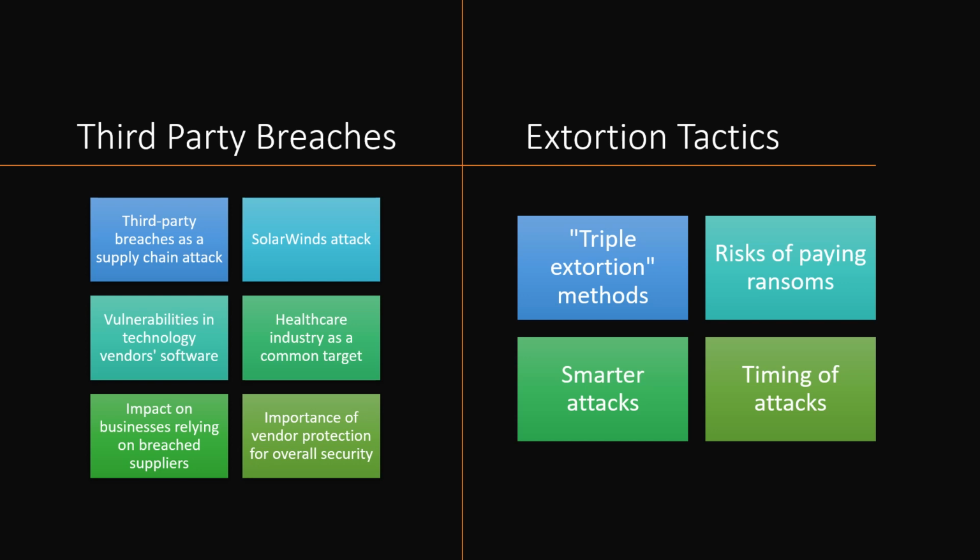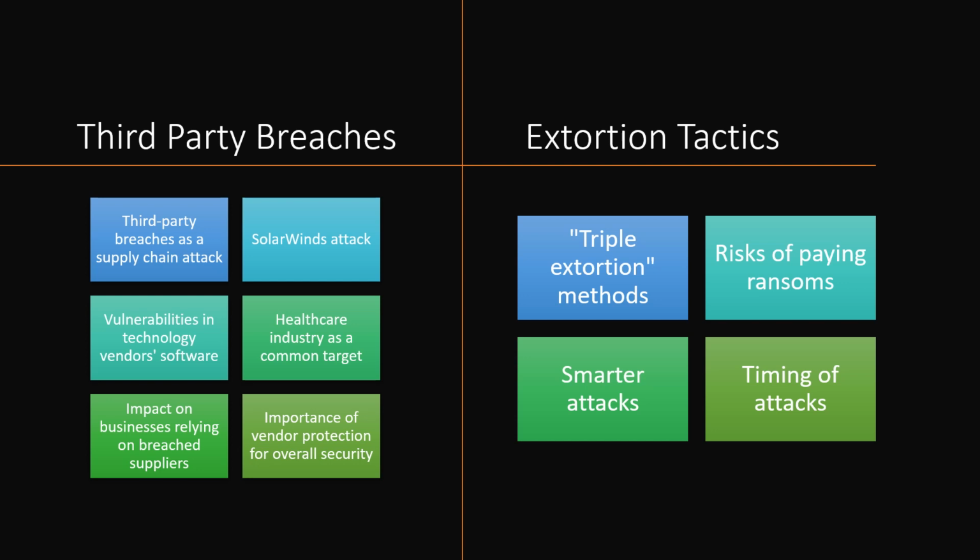This is where they will steal information, encrypt it as the initial source of trying to get a ransom paid, and then they'll use extra tactics such as threatening to notify partners and shareholders, or threatening to increase their attack to cause operational disruption, or threatening to release that information publicly that would cause damage to the company and shareholders.